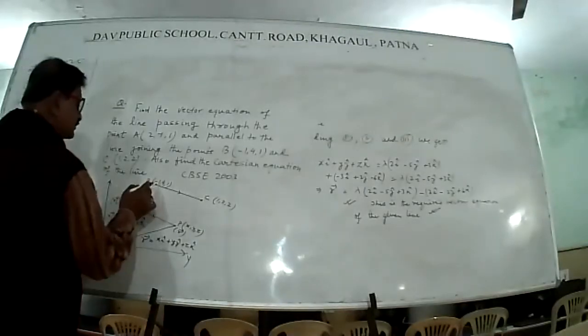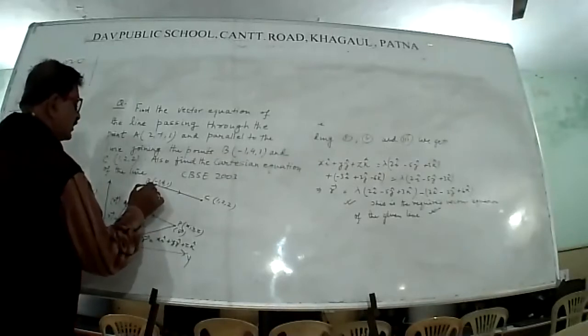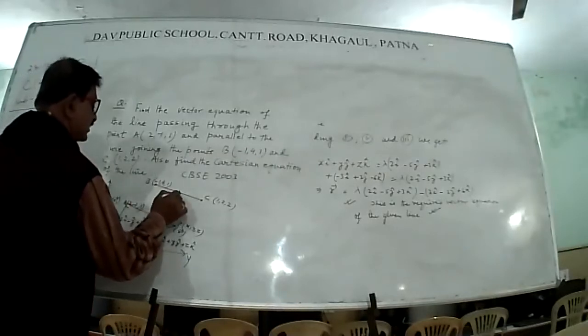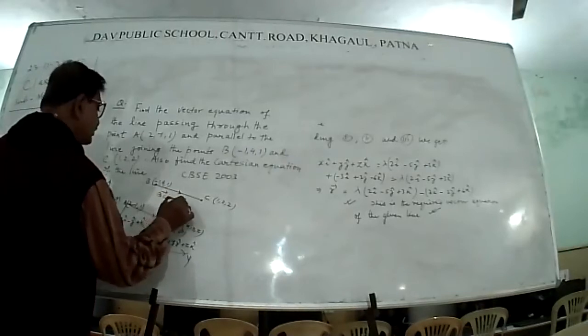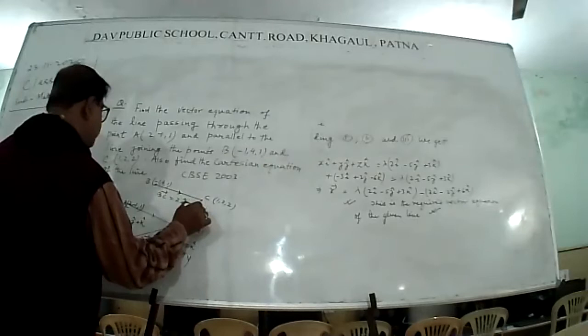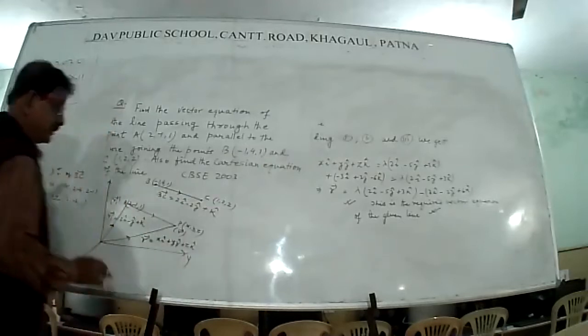So the vector BC is equal to 2i unit vector minus 2j unit vector plus k unit vector.